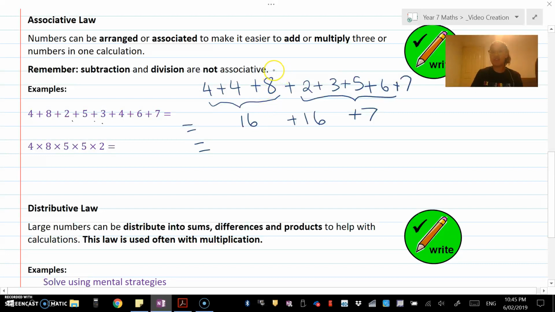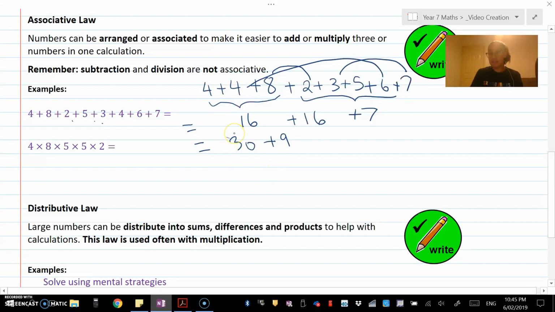So you might have gone 8 plus 2, that's 6 and 4, 3 and 7, and that gives us, so that's 1 lot of 10, 2 lot of 10, 3 lot of 10, so that gives us 30, plus 5 plus 4 is 9, and that gives us the same answer.